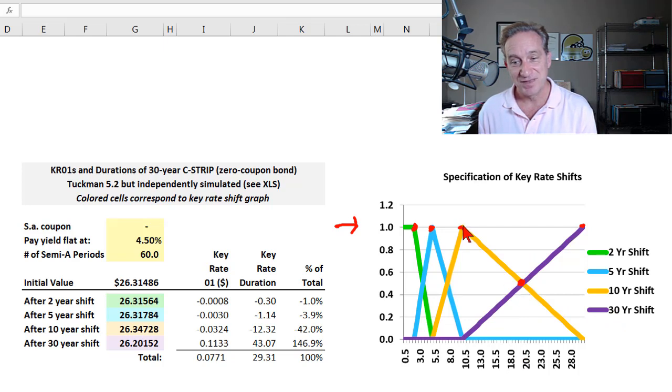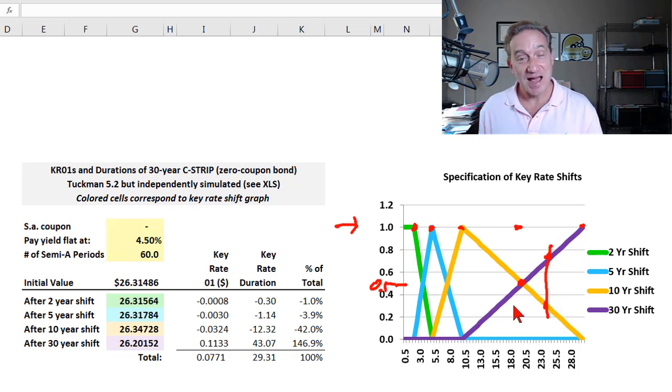It's a neighbor to both the 10 and the 30-year, so it would get half a basis point shift due to the 10-year, and another half due to the 30-year, and collectively it would be at 1 basis point. Similarly for any of these neighboring rates, when you include both shifts together, you get 1 basis point.